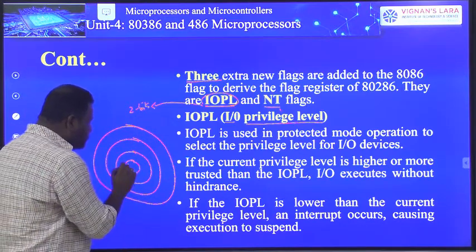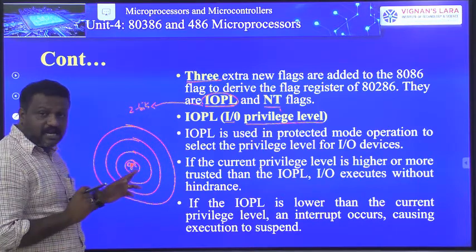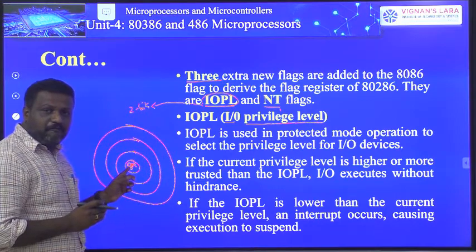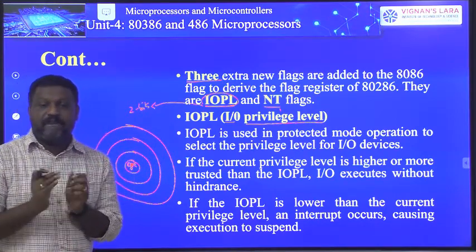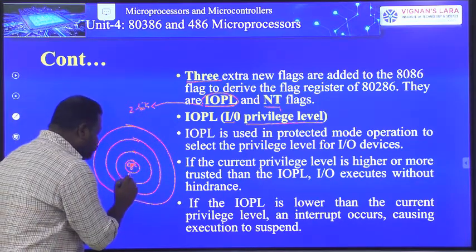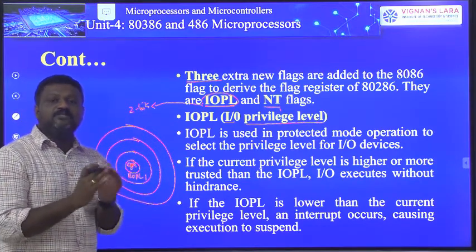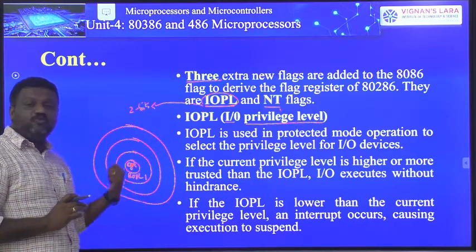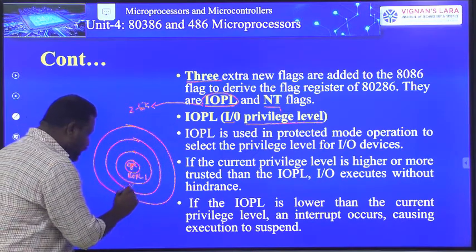Always this IOPL 0, input output privilege level 0, is where we may find the operating system kernel. Then IOPL 1, where we may find OS services. And next, this is IOPL 2.